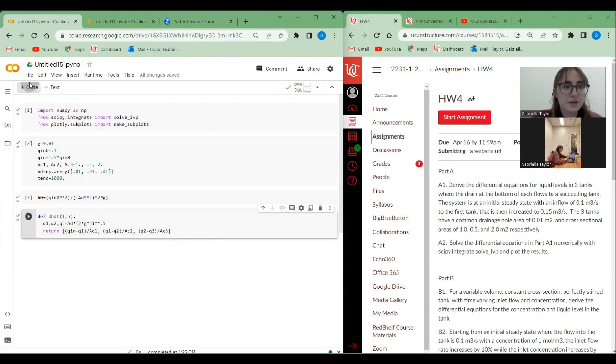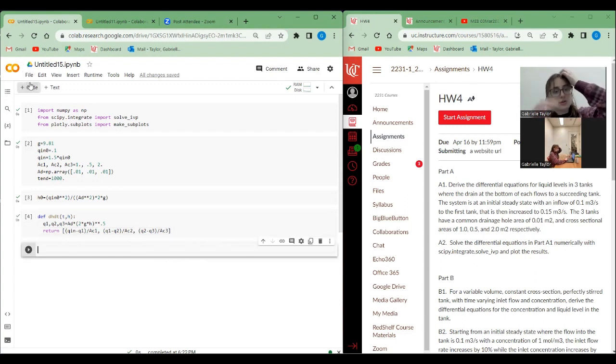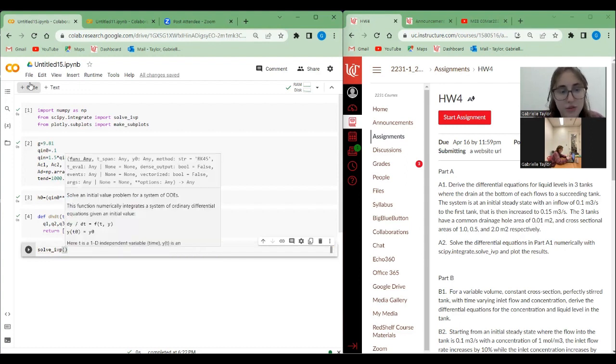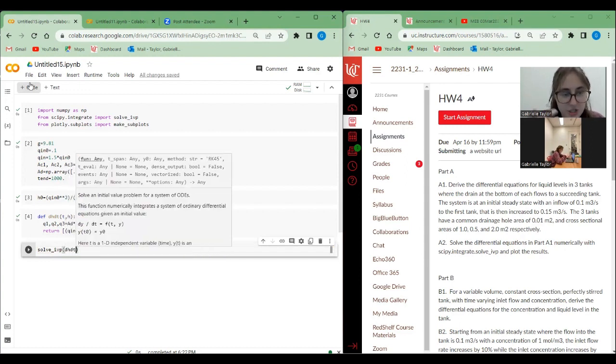Okay. So the next thing that we want to do, after we found our cross-sectional areas, our heights and our differential time, is use our solve IVP function. In this function, we need to know the function that we're trying to solve, so it's going to be dH/dt.